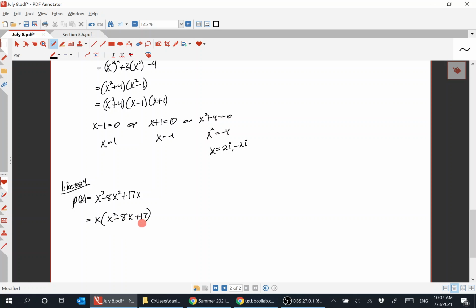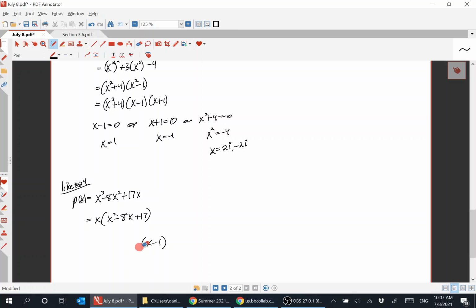17 only factors as 17 and 1. And it's positive, and the only possibility is positive 17. This is a negative 8, so the only possibility to factor over the integers would look like that. But, of course, that's wrong, because you would have to have 18x minus 18x here, which you don't have.